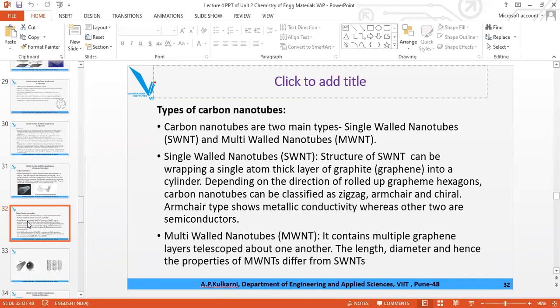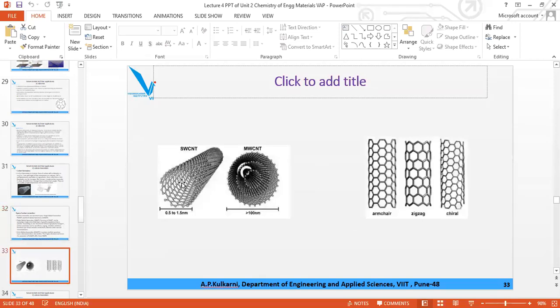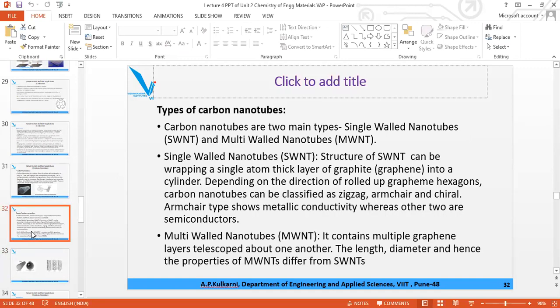Multi-walled nanotubes contain multiple graphene layers. Here already I have shown, here a single layer of graphene is there. Here one, two, three minimum are shown. So it has multiple walls of graphene, one above the other.